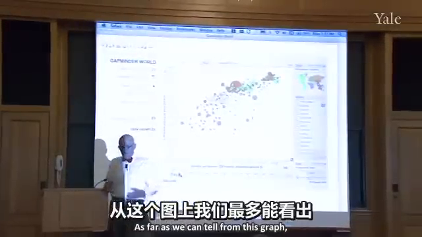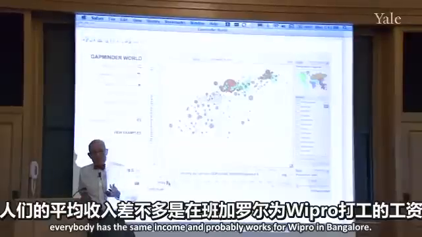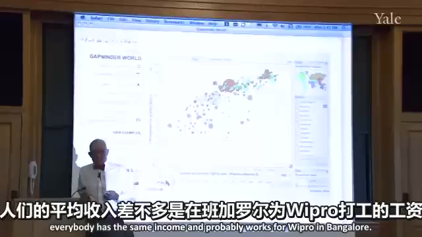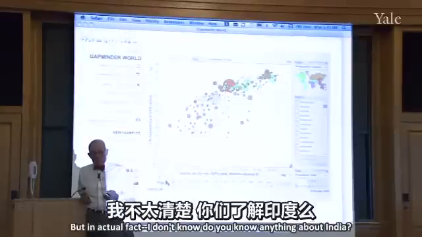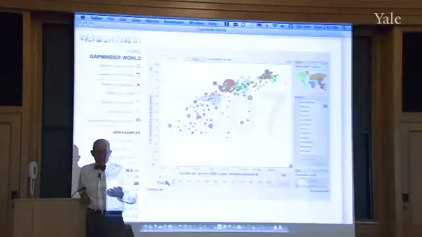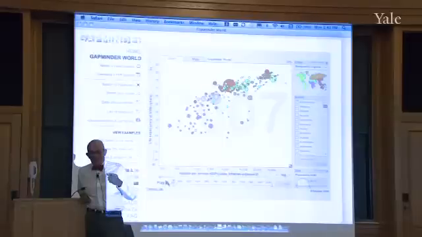And as far as we can tell from this graph, everybody has the same income and probably works for Wipro in Bangalore. But in actual fact, I don't know, do you know anything about India? I'd say the values are more of the average.